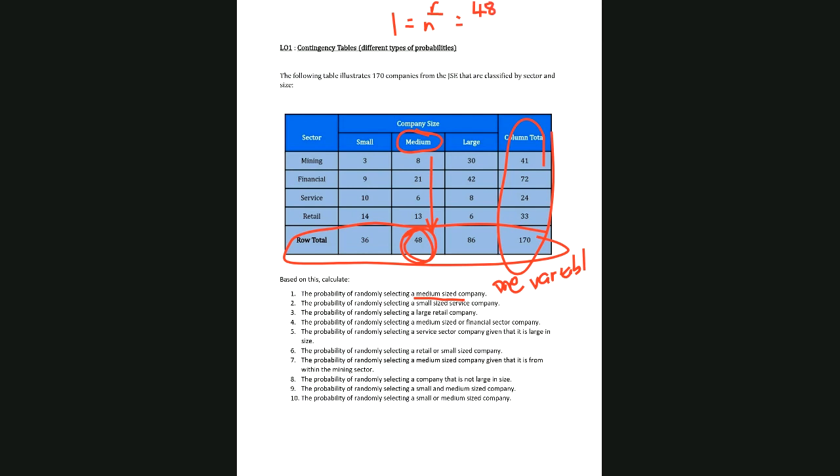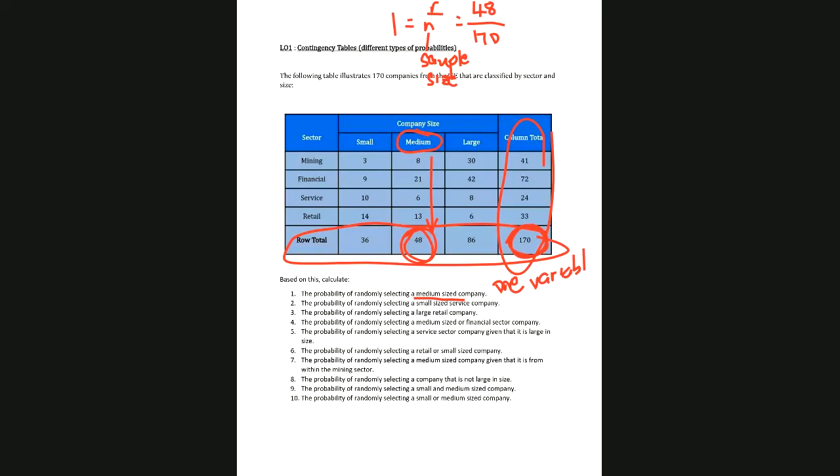And as you would have learned, your sample size is the letter N. And in a contingency table, your sample size is located in the last block on the right-hand corner. So your N value, your sample size, is 170. So 48 over 170 would be your answer here.